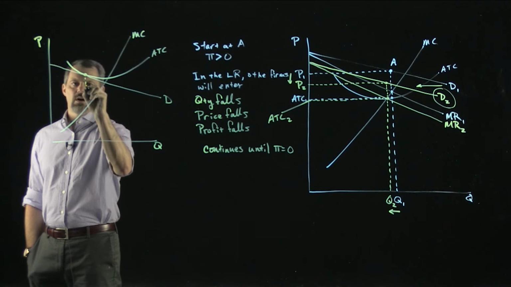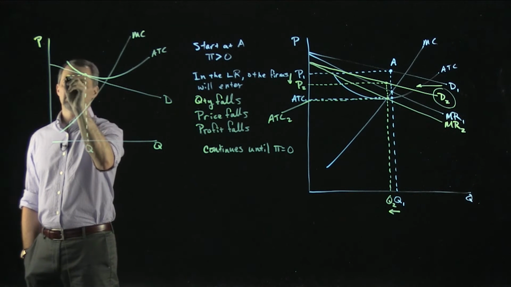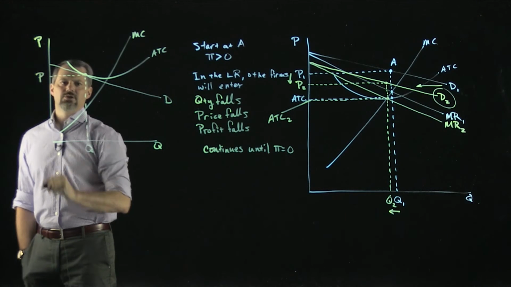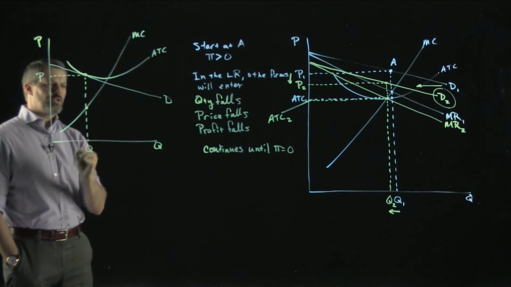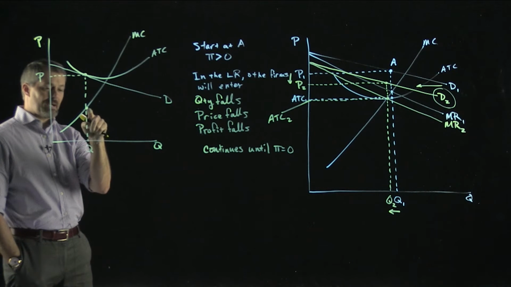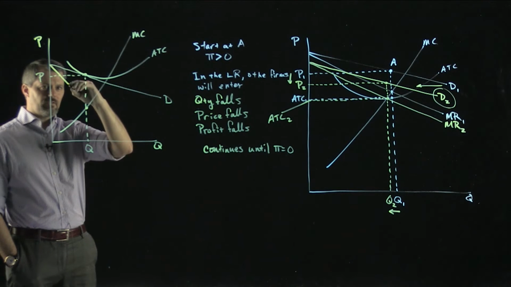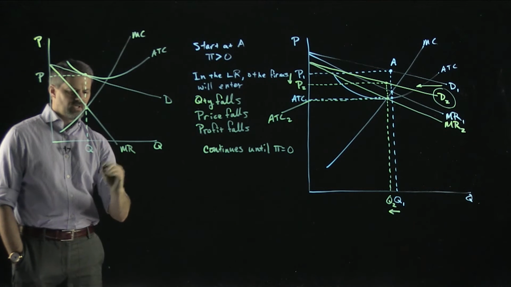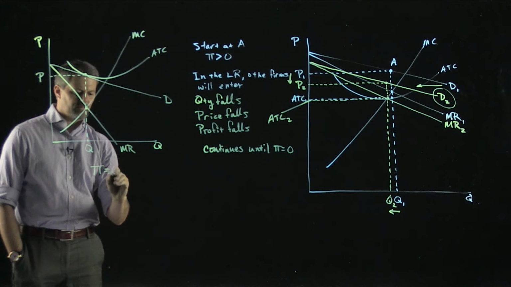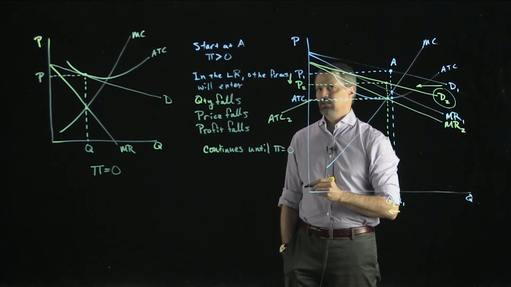So here's the quantity that the firm is going to produce, and here's the price that they're going to charge. Now, in order for that to be the quantity, my marginal revenue curve has to intersect my marginal cost curve right there. So my marginal revenue curve ends up looking like this. That is a picture of a monopolistically competitive firm earning a profit equal to zero.